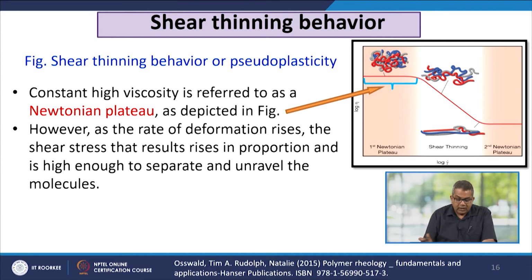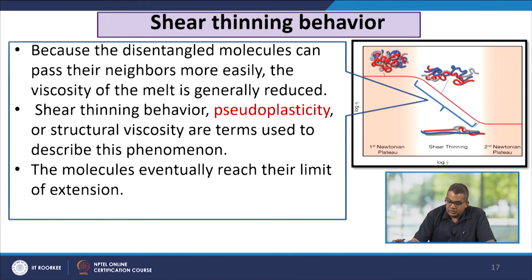Now, the constant high viscosity is referred to as the Newtonian plateau, which is this one. However, as the rate of deformation rises, the resulting shear stress rises in proportion and is high enough to separate and unravel the molecules, which is represented like this. Because of this, entangled molecules can pass their neighbors more easily and the viscosity of the melt is reduced.